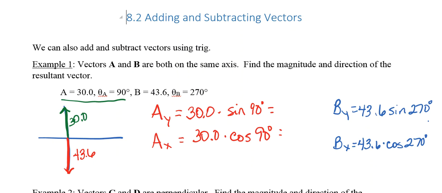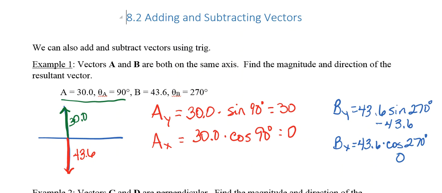So 30 times sine of 90 gives us 30. And 30 times cosine of 90 gives us 0. 43.6 times sine of 270 gives us negative 43.6. And 43.6 times cosine of 270 gives us 0.